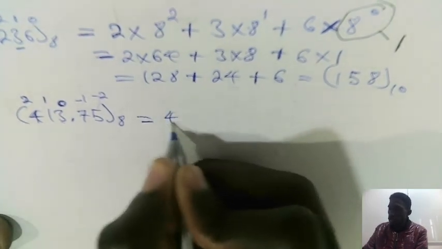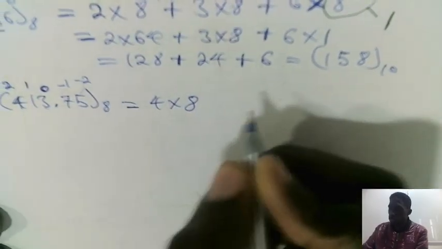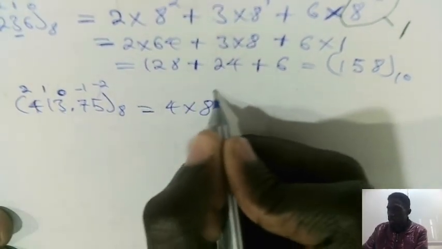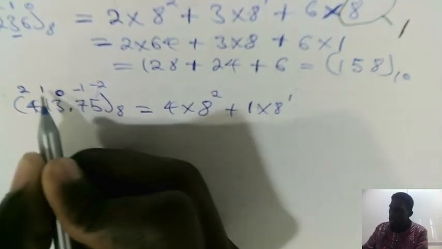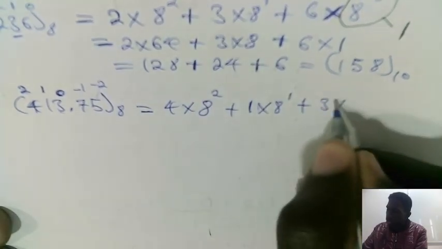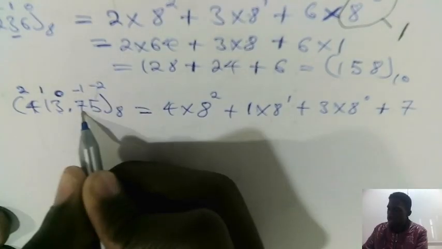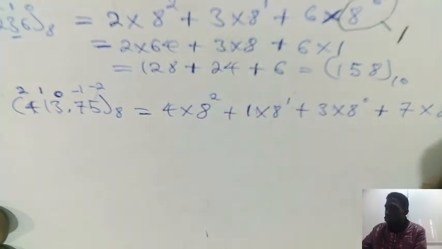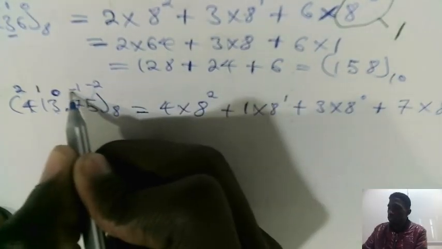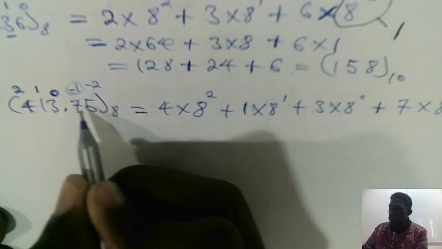So let's solve it. 4 times, remember the base we're using is 8, very important, base 8, 4 times 8 to the power 2, plus 1 times 8 to the power 1, plus 3 times 8 to the power 0, plus 7 times 8 to the power minus 1, plus 5 times 8 to the power minus 2.